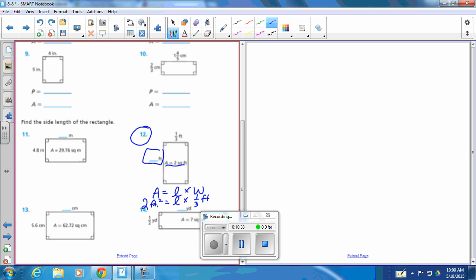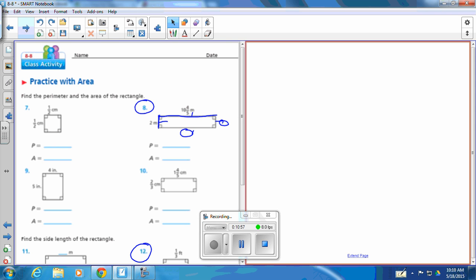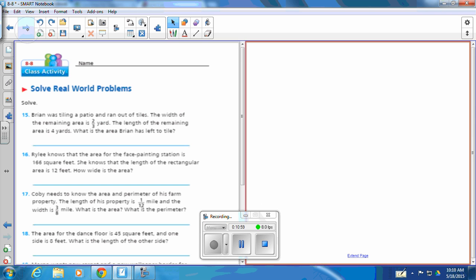So from that information, we can figure out the length by dividing 2 by 1/3. And that would give us what was left over. Okay. So when you have a missing side here, remember to use your formula, plug in what you know, and then use division to help you solve that. That's nothing new. We've worked with that before, so it shouldn't be too out of the ordinary.